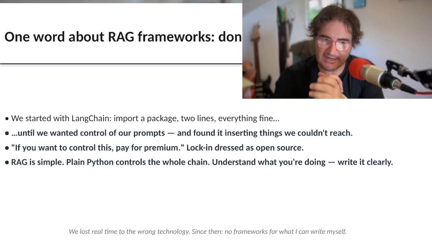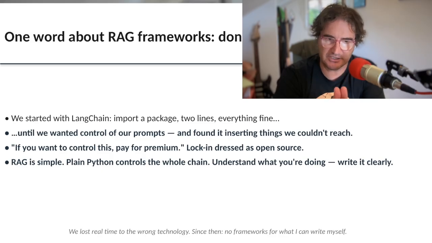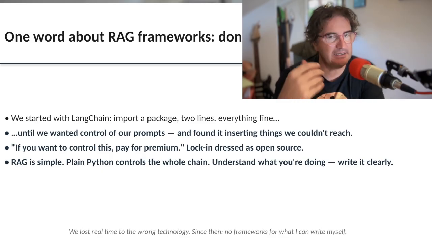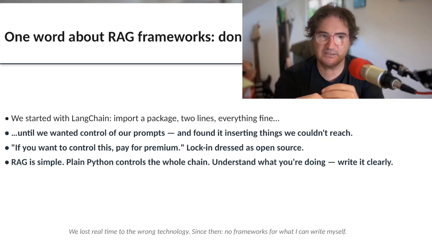Here I would like to say one word about frameworks for RAG. Don't use them. I had a really bad experience with LangChain. We started our project and it was really easy for us to use LangChain, just import a package and write a couple of Python lines and everything was fine.